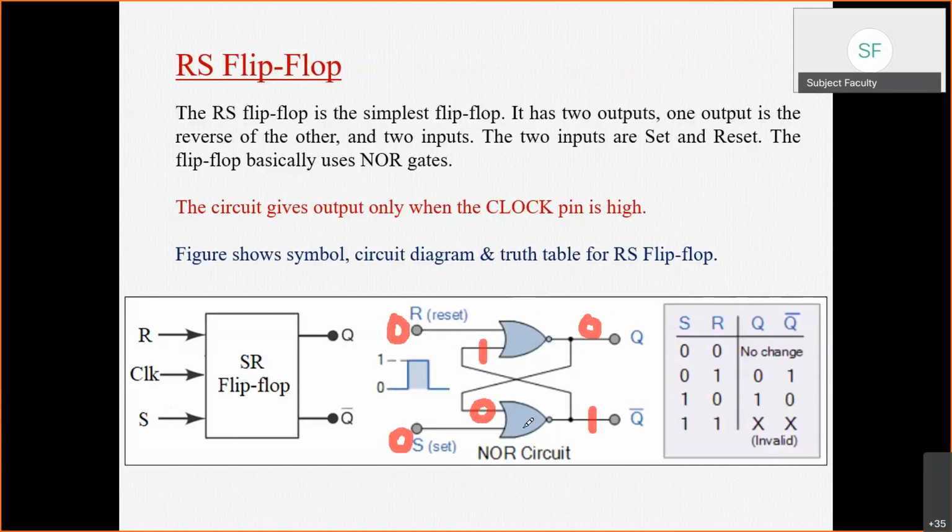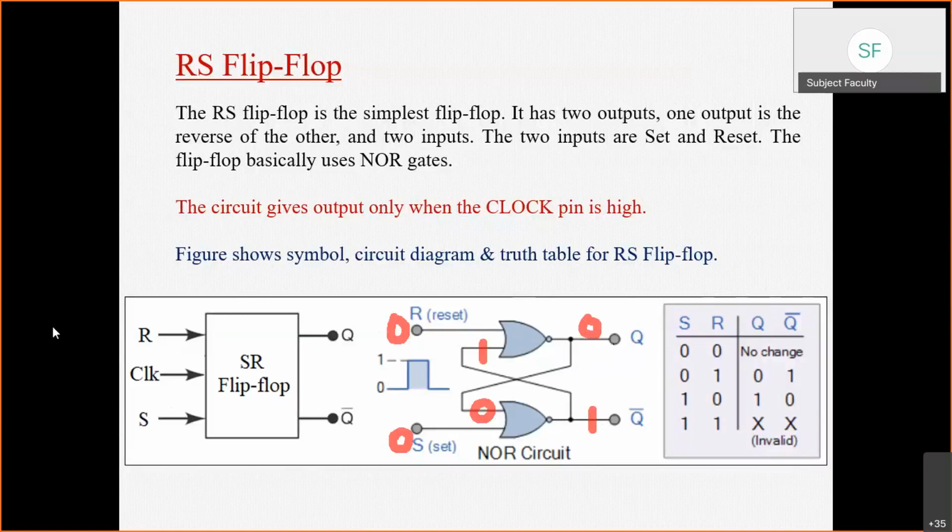Now for this NOR gate, both inputs are 0, so the output is 1. That means whatever assumption we made, Q equals 0 and Q bar is 1, remains as it is. There is no change in this assumption.